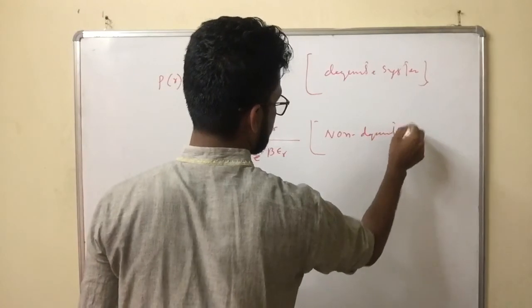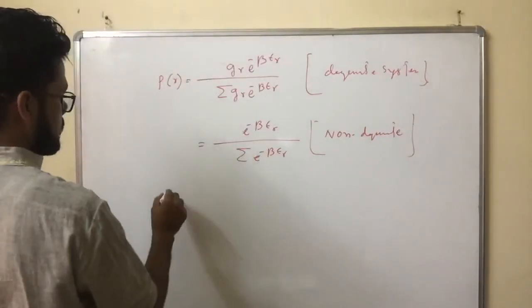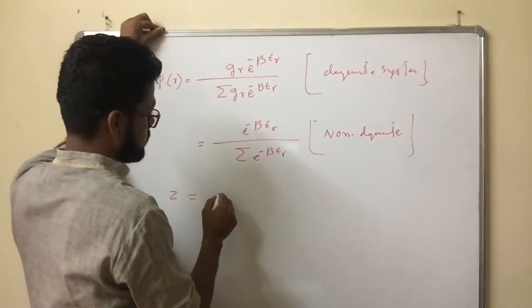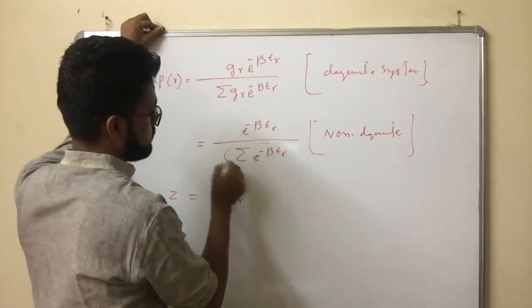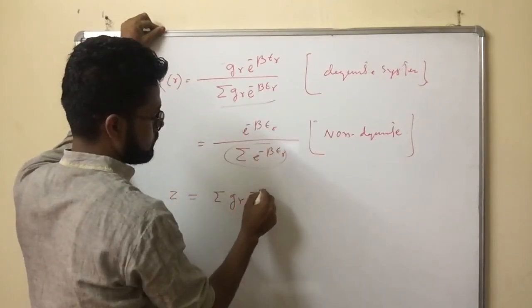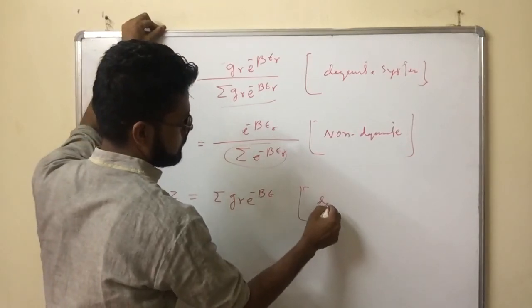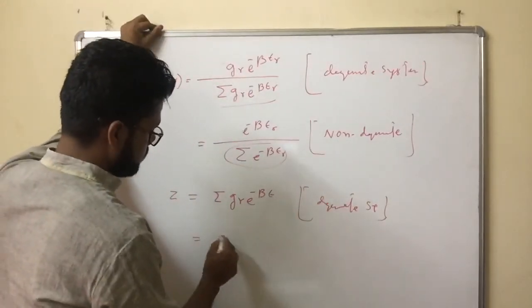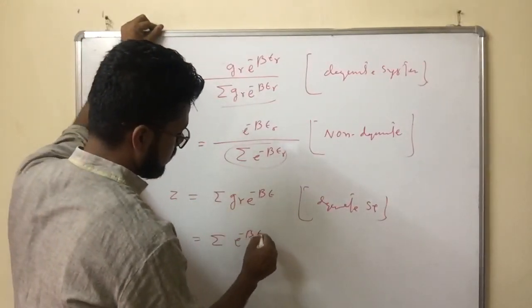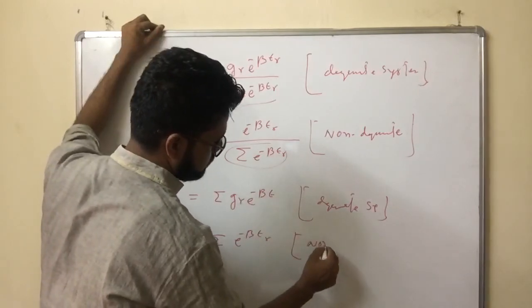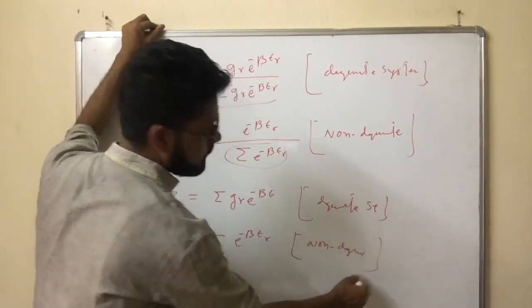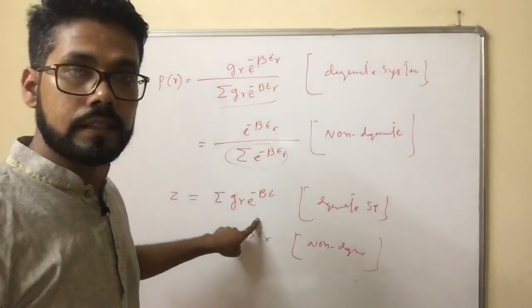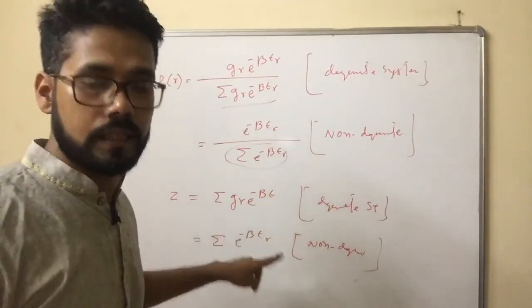Now the partition function for a single particle: the sum of g_r e to the power minus beta E_r for a degenerate system, equal to the sum of e to the power minus beta E_r for a non-degenerate system. This is degenerate, this is non-degenerate. But this is the partition function for a single particle.